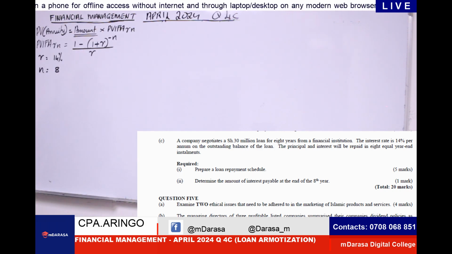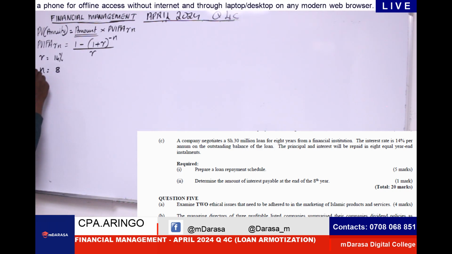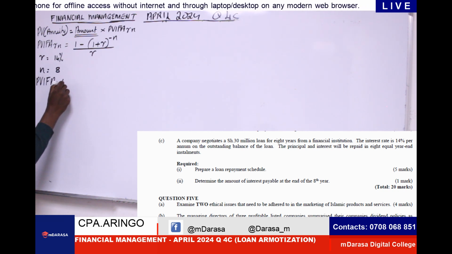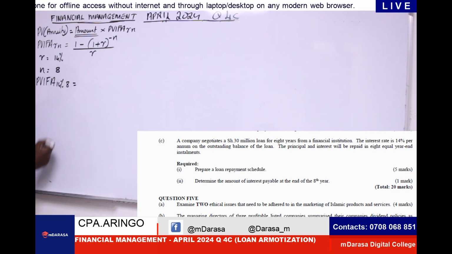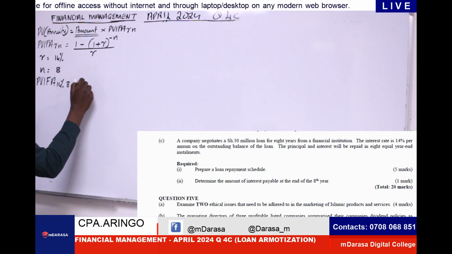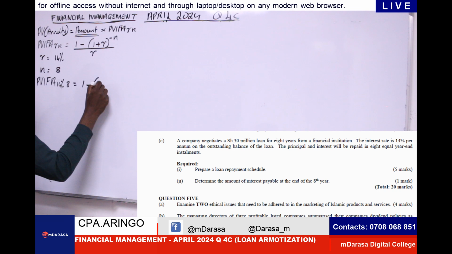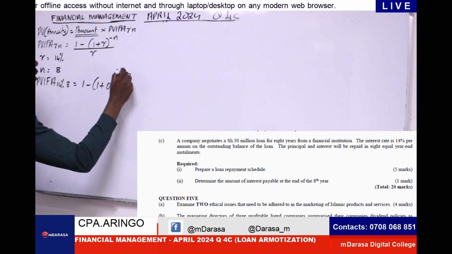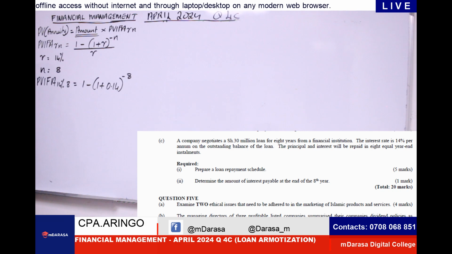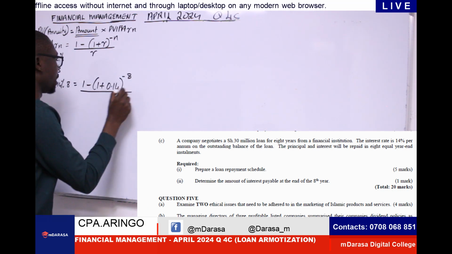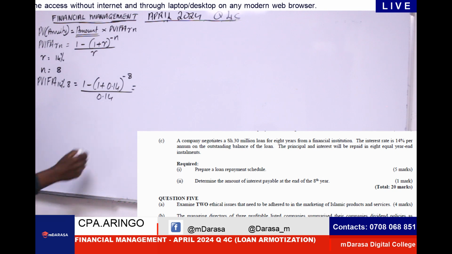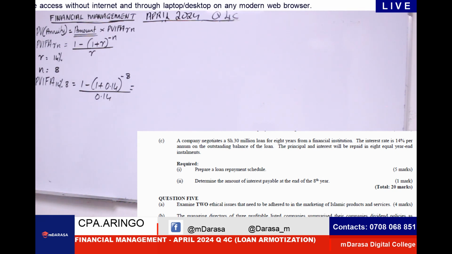So on this end, I want us to determine our factor, which is the present value interest factor annuity, given the rate of 14% and 8 years. So we should be having 1 minus 1 plus 0.14 raised to power negative 8, because n is 8, divided by 0.14. At this point, someone tell Mwalimu, how much are we getting as our factor?